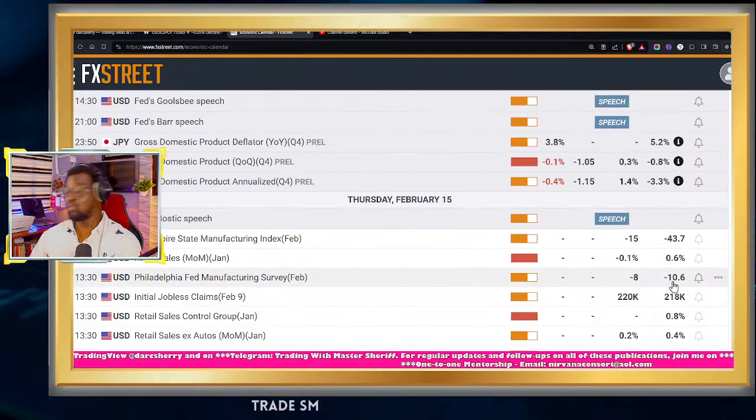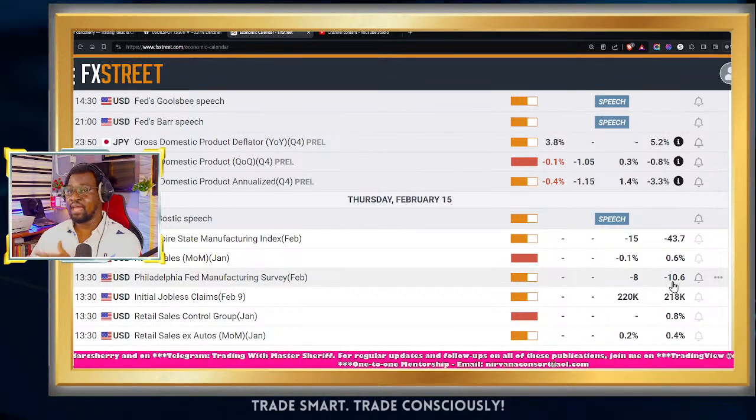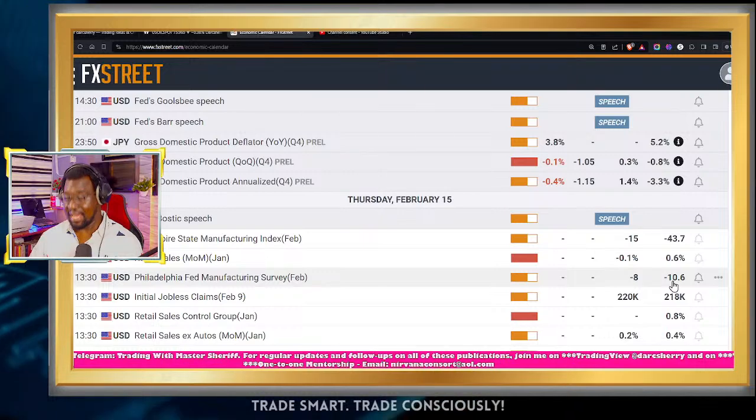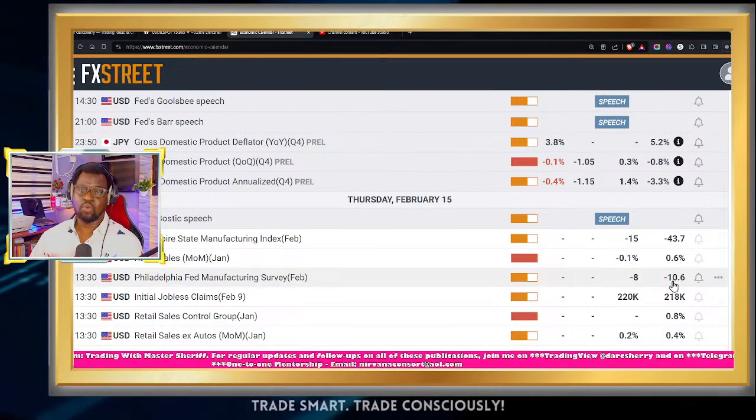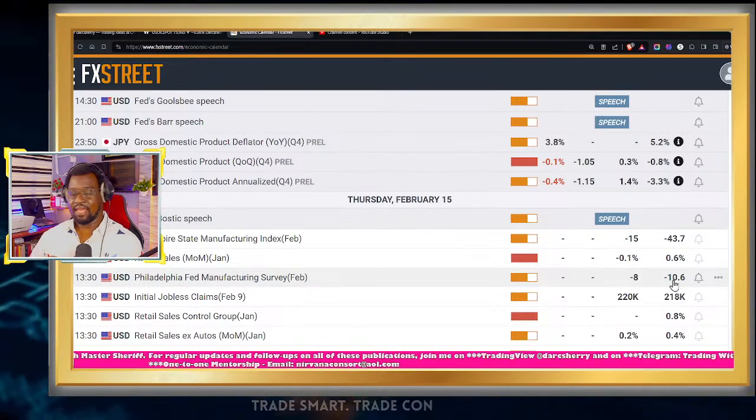Looking at what we have here, economists are also projecting something higher than the previous month. So things are looking very rosy for the US economy at this point in time, and there's a likelihood of the US dollar continuing its bullish traction as it started a couple of days ago.